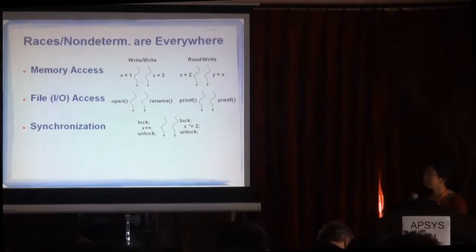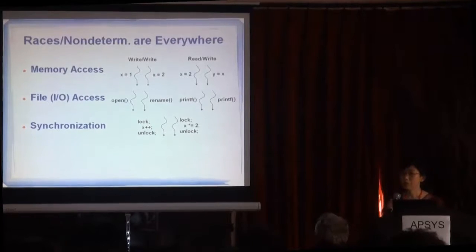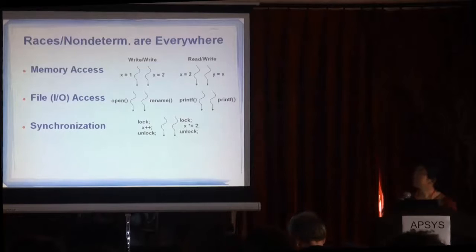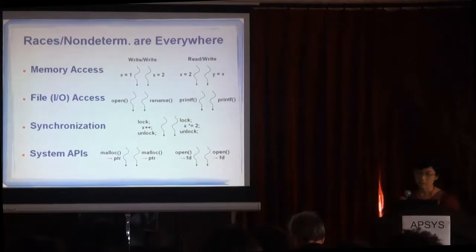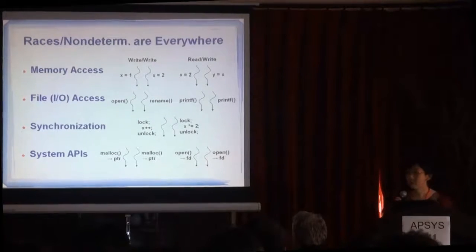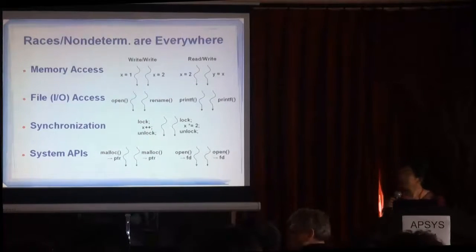However, although we can use synchronization to avoid conflict, there are still several possible results, inferring non-determinism. Some system APIs such as malloc and open generate values depending on timings.